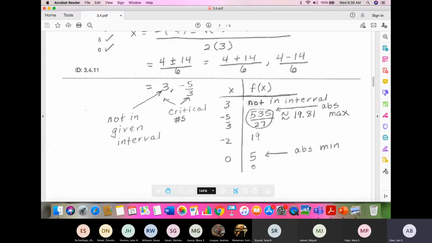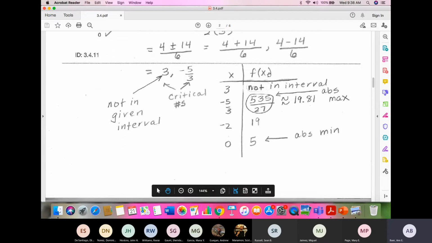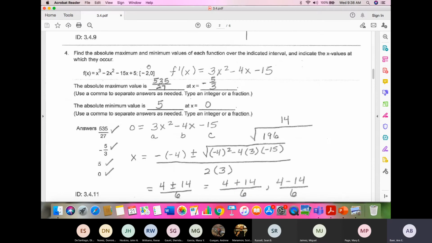I created a t-table with x and y in it, and we're denoting y as f of x, so that's why I put that here. I first put in the critical number that's in the interval, -5/3. Then I put in the endpoints of the interval. They are -2 and 0, right from here.